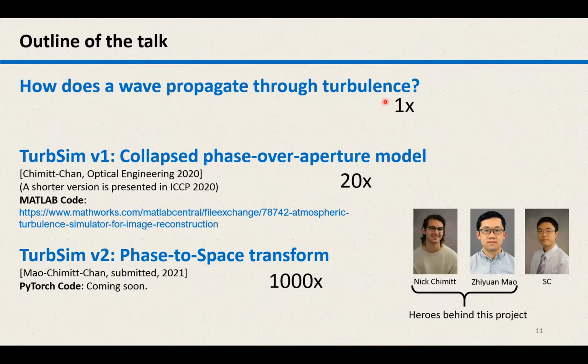So this is the classical algorithm that simulates the turbulence. We had the version 1 simulator, which is called the collapsed phase-over-aperture model, that can speed up the computation by 20 times. And then we have the newest model, which is the version 2 phase-to-space transform. We can enable the speed by 1,000 times. The work is mainly done by 2 of my students, Nick Chimitt and Julian. They are really the heroes behind this project.